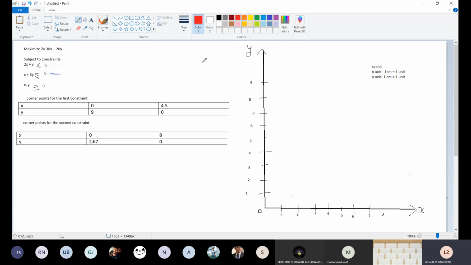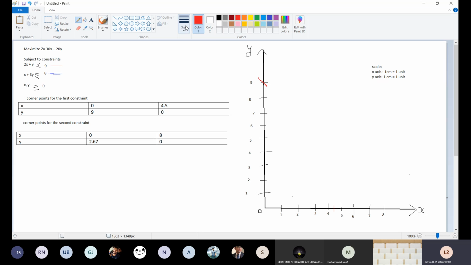You just tell me the value of x and the value of y. What is x here? 4.5. Okay, 4.5. Then what is y? 9, right? Only these values you have to get, x and y.